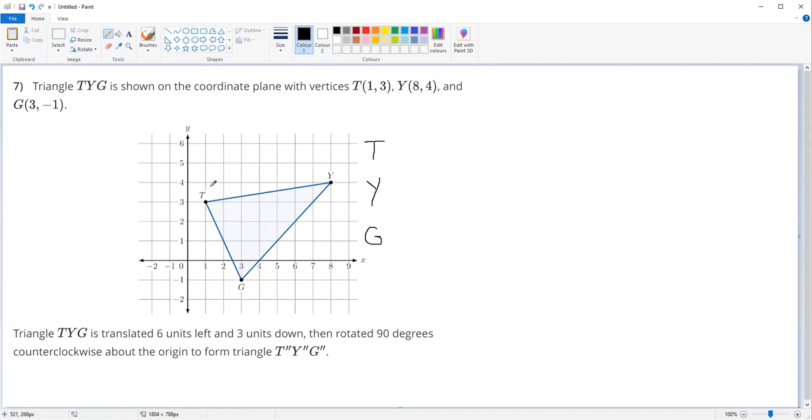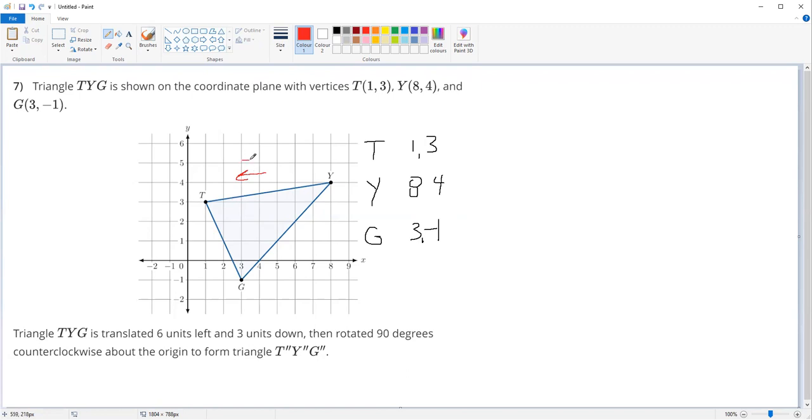You don't even have to worry about transposing them wrong. They gave them to you. 3, 8, and 4. That'll be 8 and 4, and 3 and -1. Okay, so my first red is going to be 6 units left.